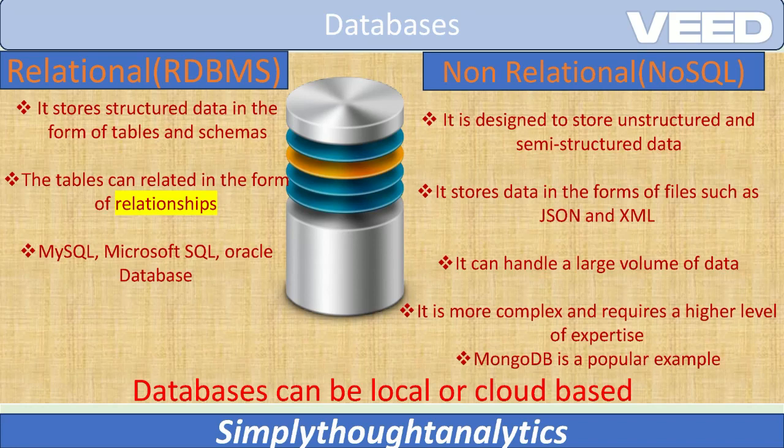They are designed for unstructured and semi-structured data. So if you have a lot of unstructured data and semi-structured data in your organization, you can comfortably keep them in a NoSQL database.